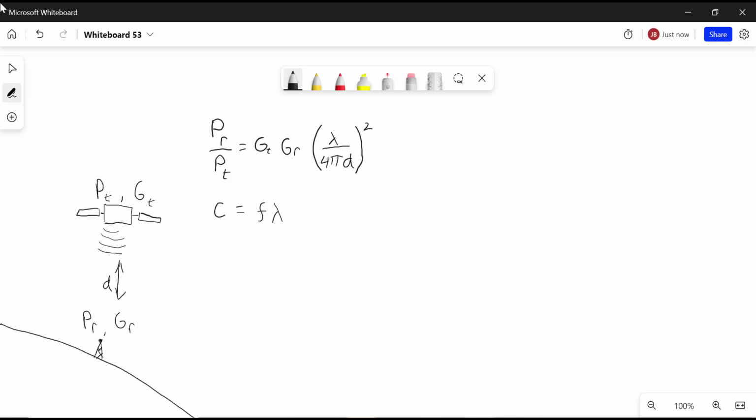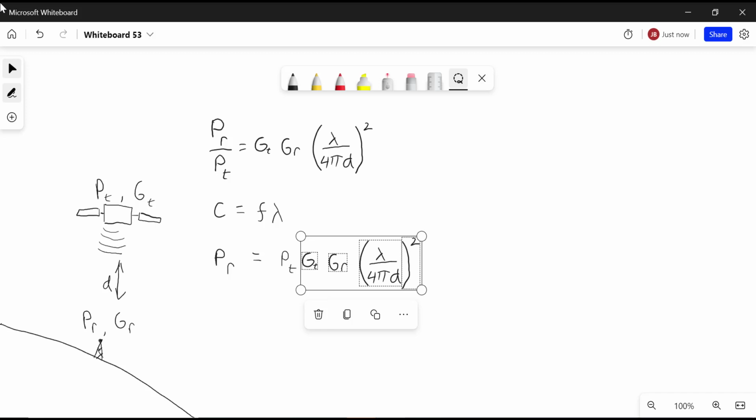Now I'm going to do a little rearranging here and solve for just PR. And if I do that, all I have to do is multiply both sides of this equation by PT. So on the left-hand side, PT over PT is equal to 1, so I'm left with PR. But now I'll have basically PT times this quantity, and I should just be able to copy this if I do this right, and go ahead and bring it over here.